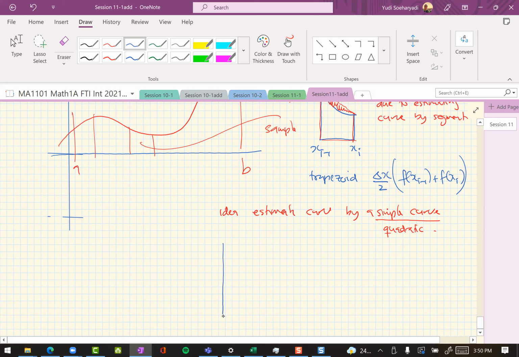Now we have something that looks like this. We need to find a quadratic equation. The original is this.